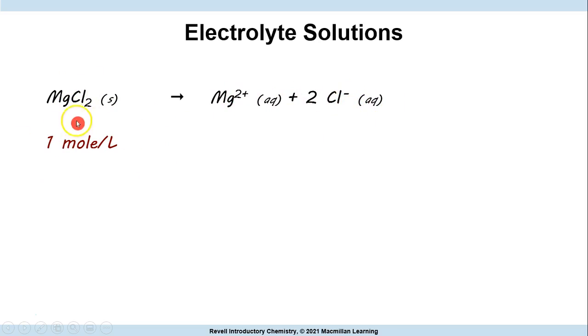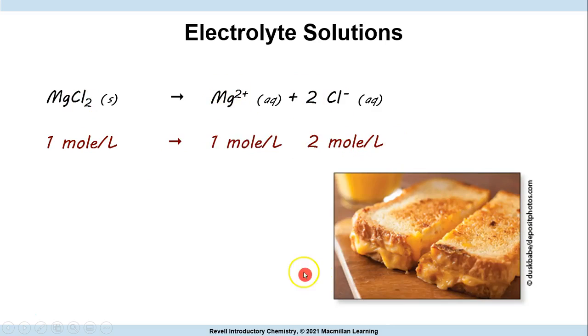So 1 mole of magnesium chloride is going to give us 1 mole of magnesium and 2 moles of the chloride. It's just the same as if you have a cheese sandwich, and in a cheese sandwich you have 1 slice of cheese and 2 slices of bread. That's the analogy here. So one cheese sandwich contains 1 piece of cheese and 2 pieces of bread.